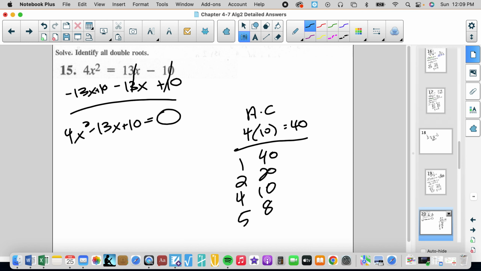And you'll notice that I do my factor pairs in numerical order so I don't forget any. And I always put the smaller on the left, larger on the right, so when I have to do signs are the same or signs are different. So that tells me signs are same and they're both negative.